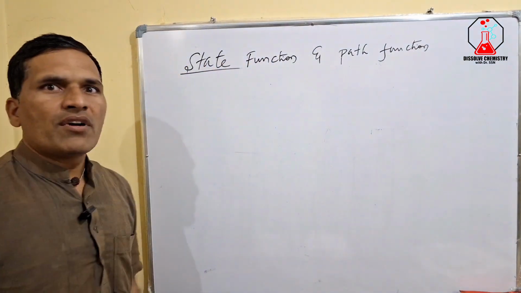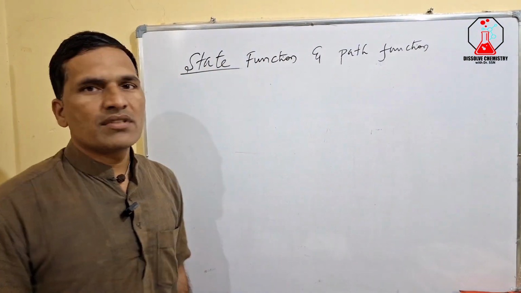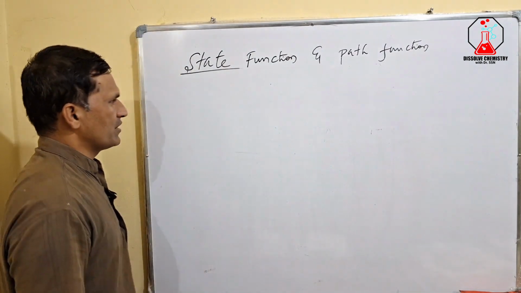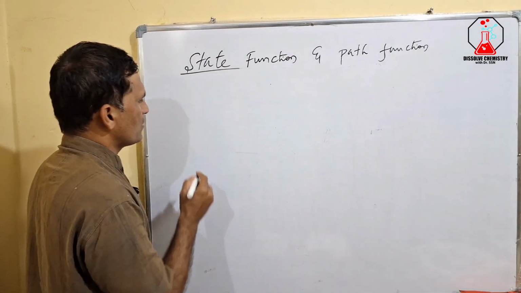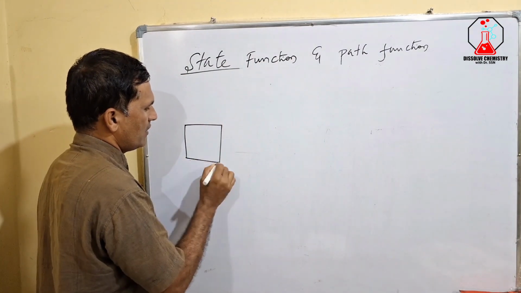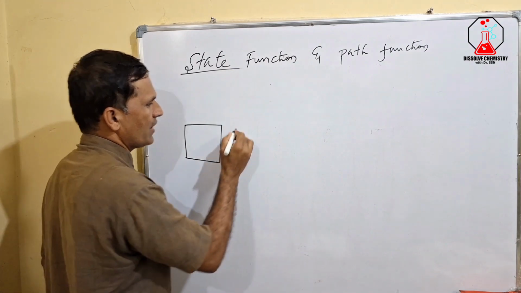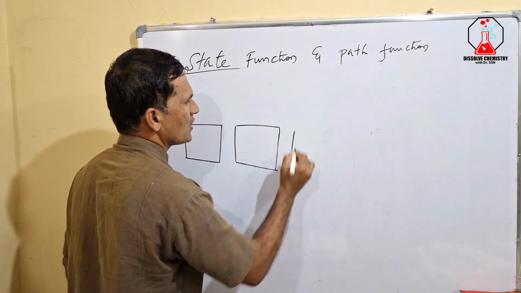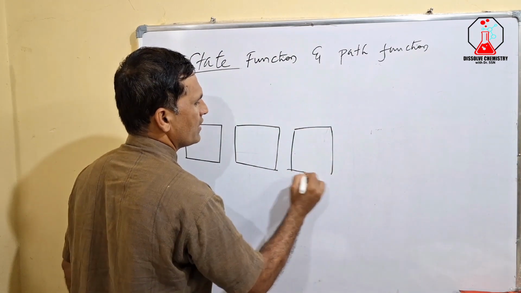Prior to defining these terms, we will take two analogous examples to understand this concept. Well, the first one is that take three containers containing the same amount of water.